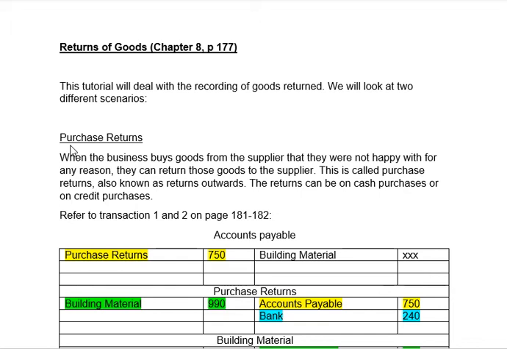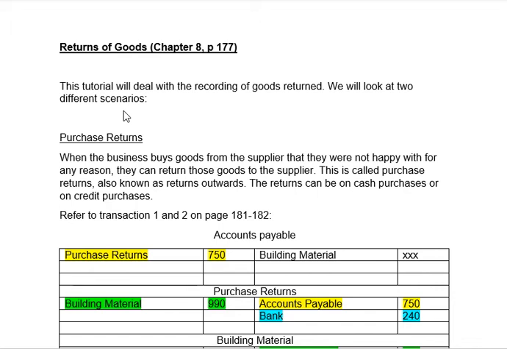These goods can be purchased for cash and on credit. So the example will deal with both the cash and credit purchase of goods and what the process is when these goods are returned. When we return goods, this account is called the purchase returns account.